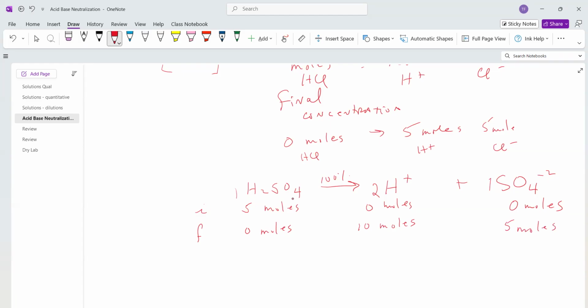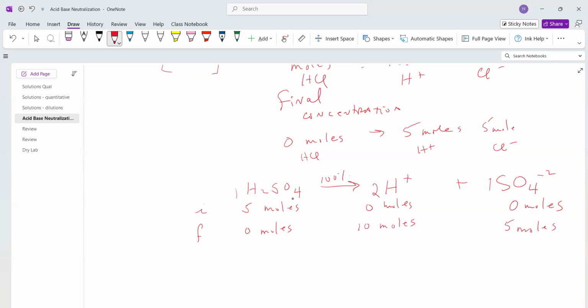Now, look at the big difference between HCl and H2SO4. Sulfuric acid gives off 2 per mole, so that means it's going to be twice as many H's. Phosphoric acid is a triprotic acid, gives off 3. Citric acid, triprotic acid, gives off 3.